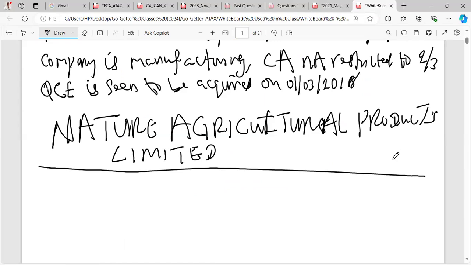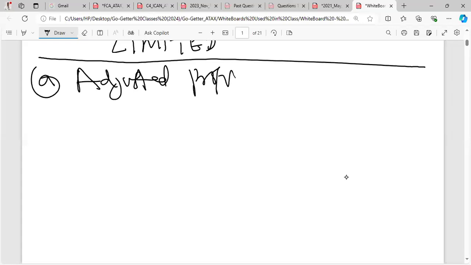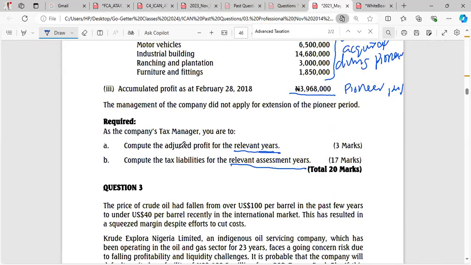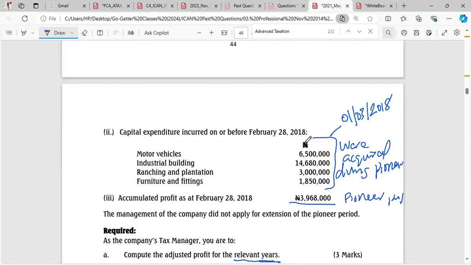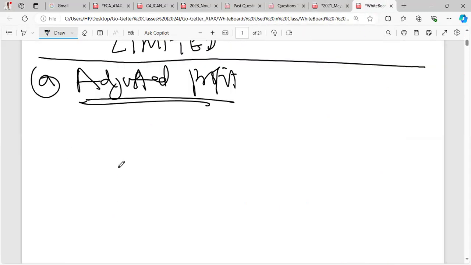That's the name of the company. So the first thing we're asked to do here is adjusted profits. So what are the adjusted profits for the relevant years? So what we do now is we go to where we have our profits and we adjust it.